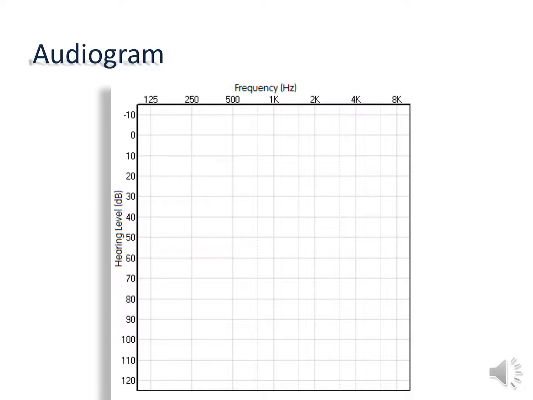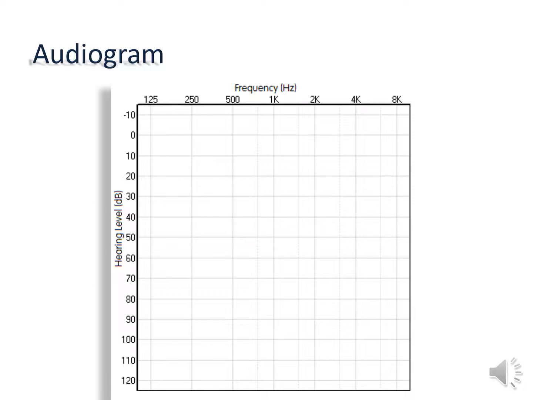Essentially, with air conduction, the person conducting the test is going to put a headset on the patient, give them a button, and they're going to be introduced different tones. Now you notice on the chart across the top are numbers, and these numbers represent the pitches, going from low pitch sounds on the left to high pitch sounds on the right.